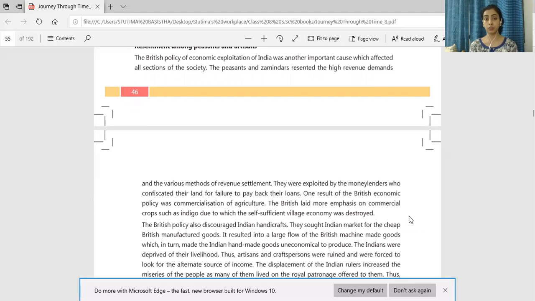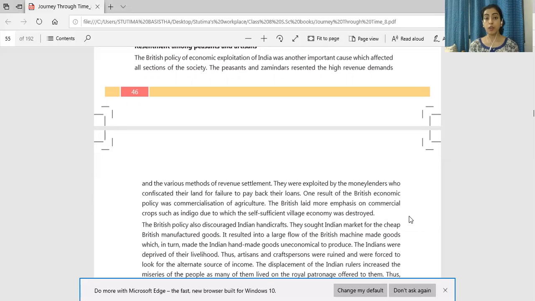Those policies introduced by the British actually exploited the Indians, and it affected all the sections of the society, right? So what did they do? The peasants and zamindars resented the high revenue. I think in our last chapter, beginning of colonial rule in India, we also got to know that the British levied a lot of taxes, a lot of revenue was collected from the poor people, right?